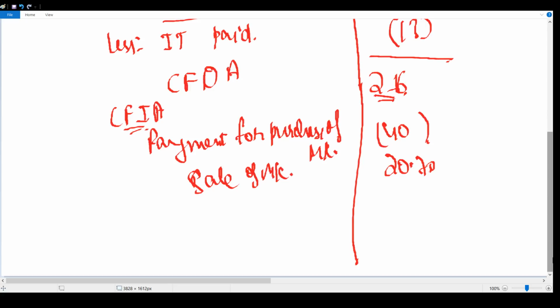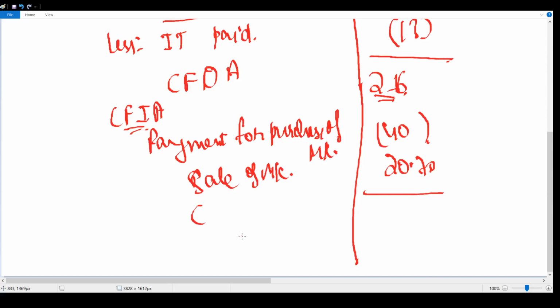In the direct method, we do not do any treatment of profit or loss in the operating activities. Why? Because accounting standard 3 says so.